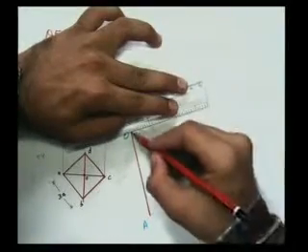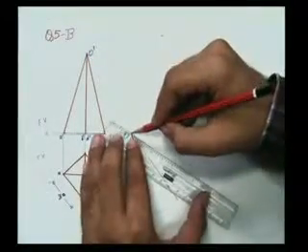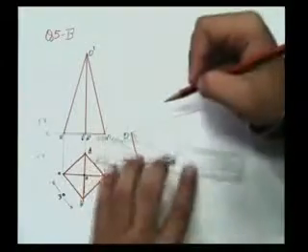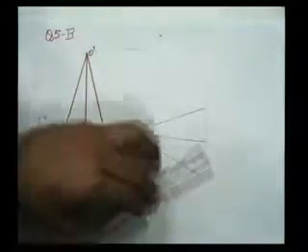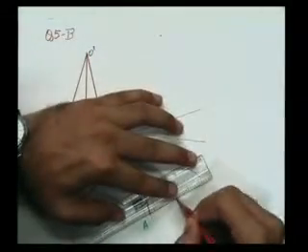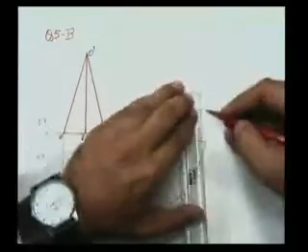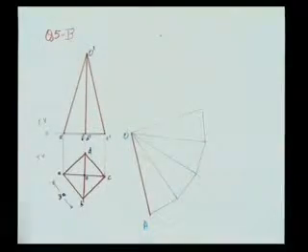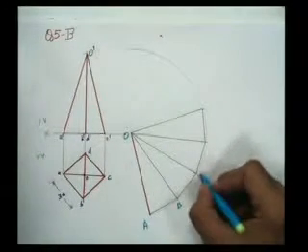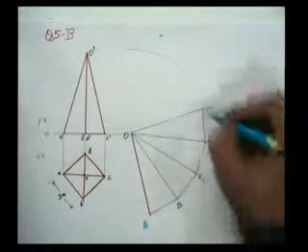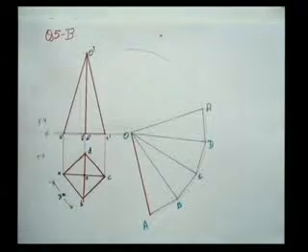And I will join the rest of the points, and I will join these lines, each of the points. And then I will name them as B, C, D, A, B, C, D, and finally A. Why A? Because these two lines, when they meet each other, form the pyramid.